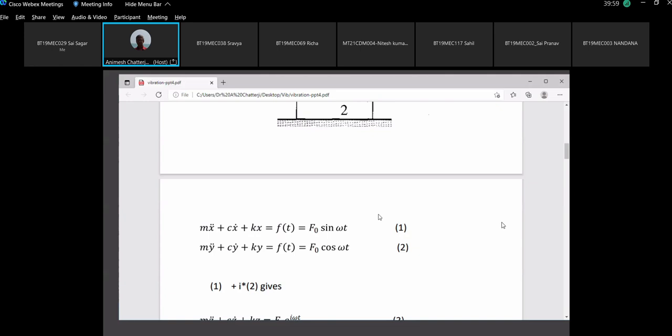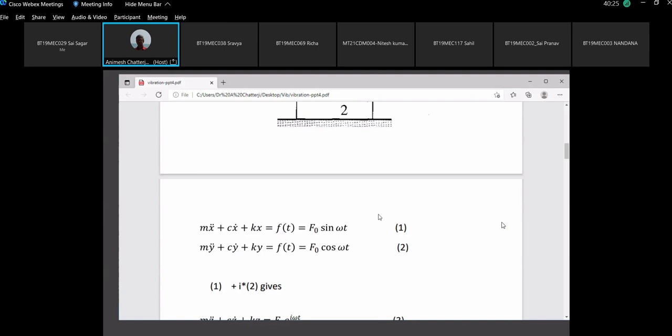Now I will be able to explain better. First you write down: let us solve the equation m z double dot plus c z dot plus k z is equal to f0 e to the power i omega t. Have you written this, all of you?